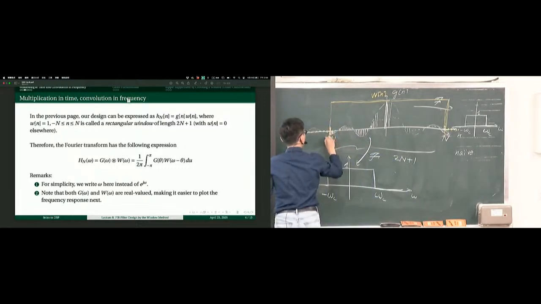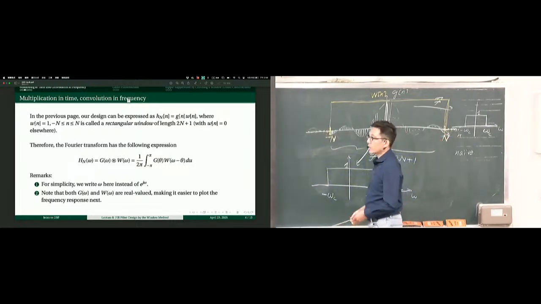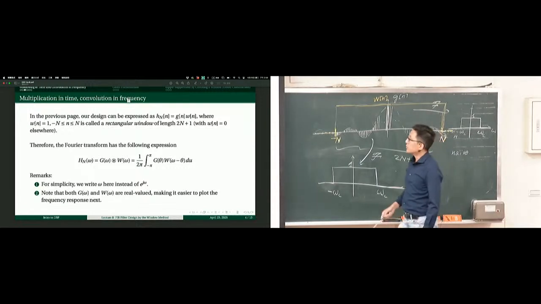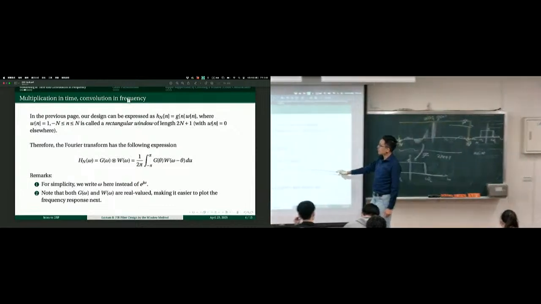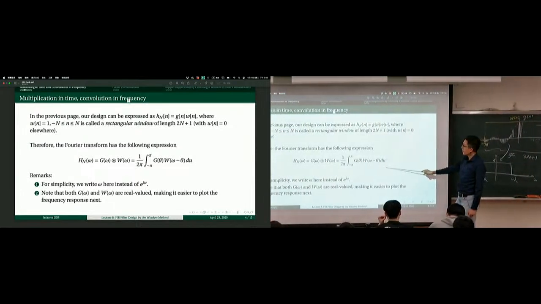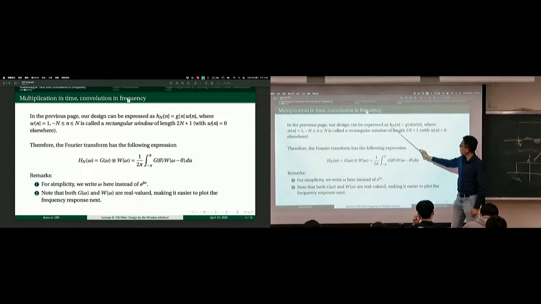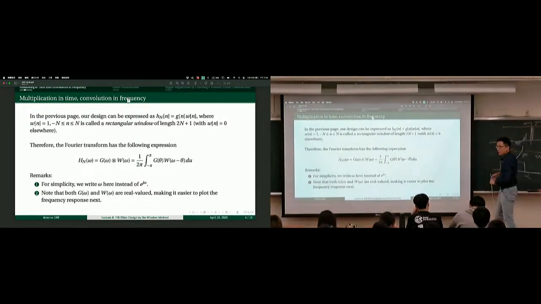That's what's happening when we truncate, when we disregard all the extending samples of the ideal response. Is that clear? So now already we have a multiplication in time. So immediately we know that the frequency response, the Fourier transform of our design denoted by h sub n. N is the length, which is a factor to choose.